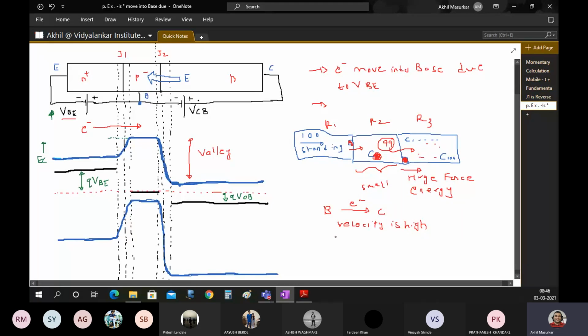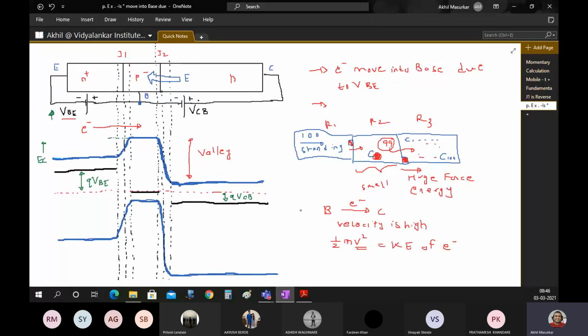And that is the reason why the kinetic energy, given by half mv squared, is a square function of v. So the KE, that is the kinetic energy of the electrons, will also be very high. And that is why, to sustain this kinetic energy, the collector is made bigger in size. So if there is some dissipation of heat because of impact ionizations, then the device should be able to handle that.